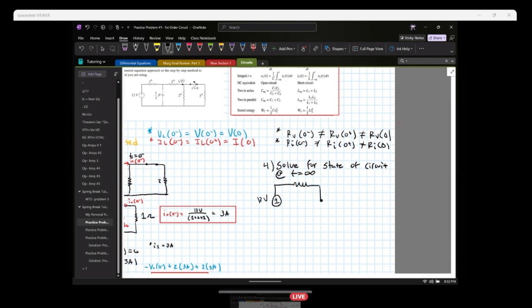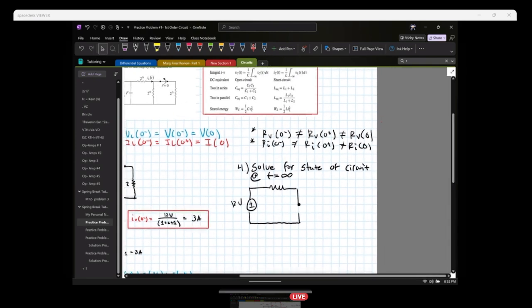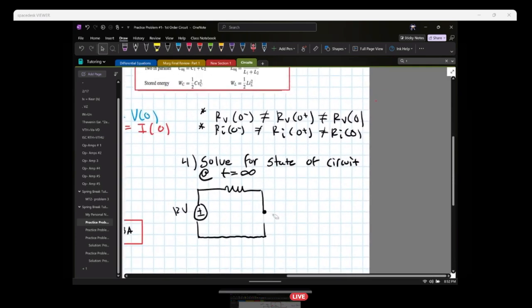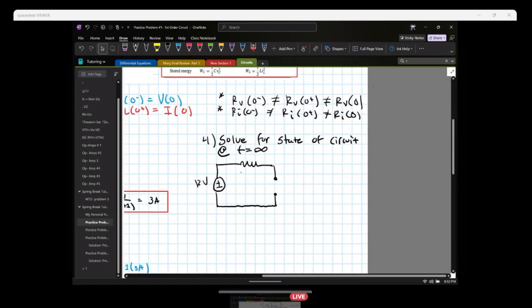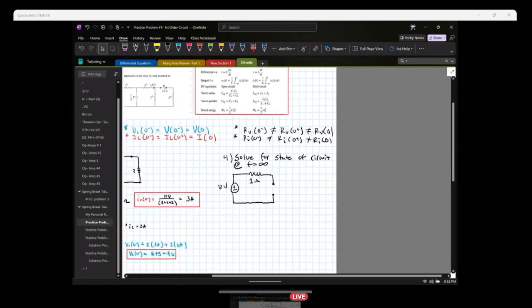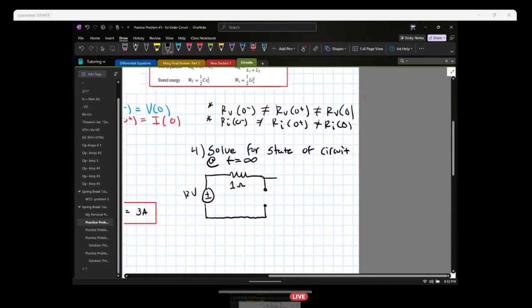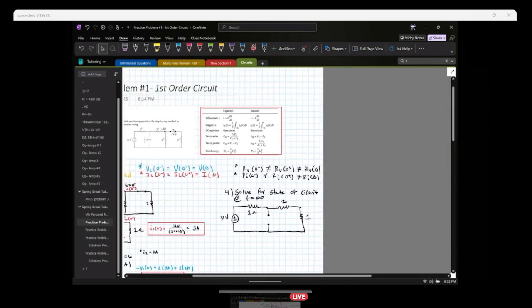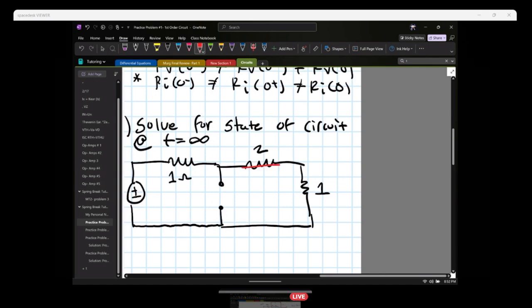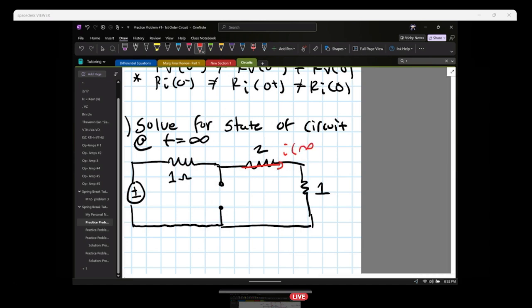Now this is open again. This would be 1 ohm. Then you have 2, 1. This is 2. This is 1. And then you're asked to find this, I of infinity.